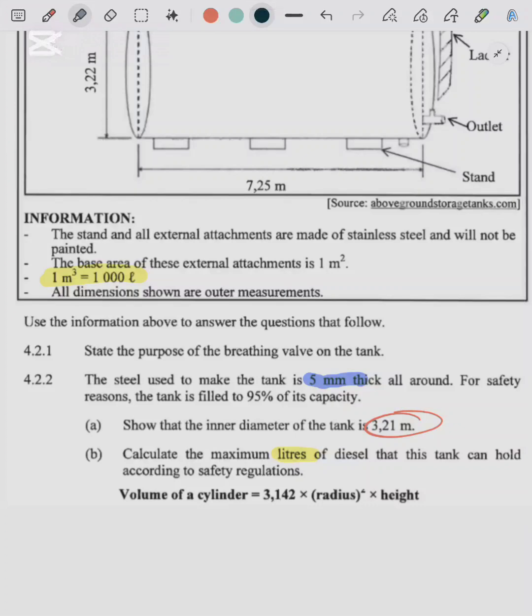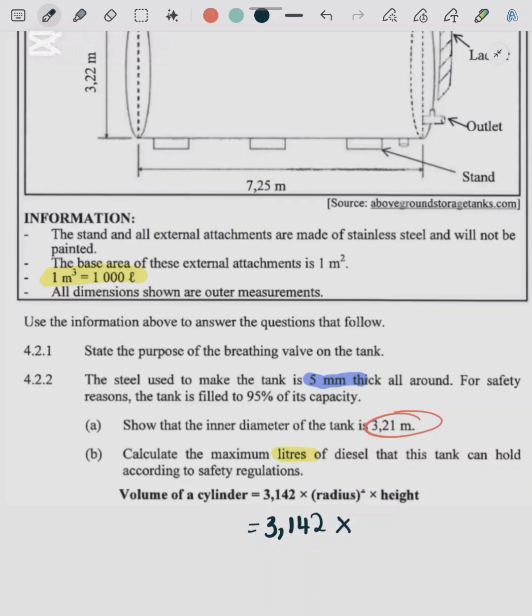So, let's see. Volume of the cylinder is going to be 3,142 times radius squared.